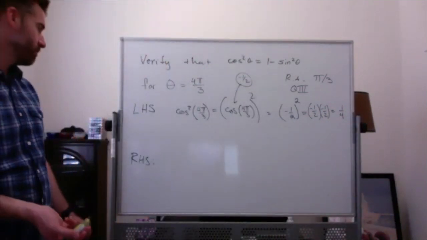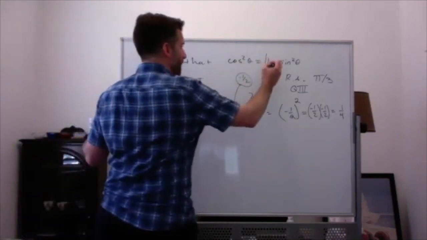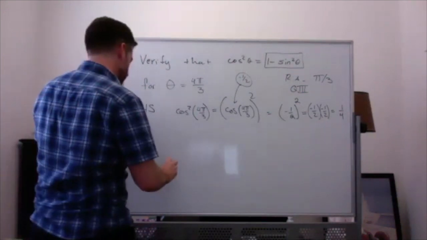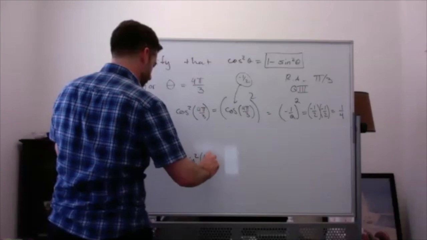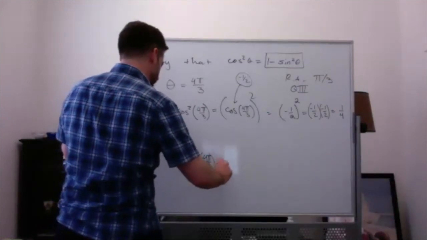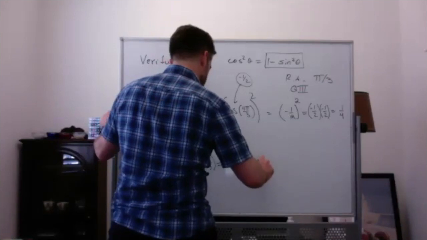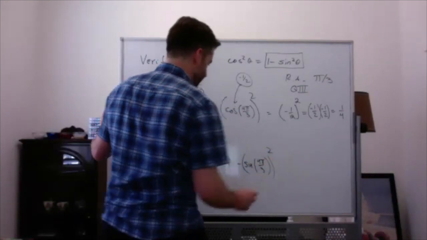So then what we have to do is check that the other side, the right-hand side, ends up being the same. So we're going to do 1 minus sine squared of 4 pi over 3. Or if we prefer, 1 minus sine of 4 pi over 3 all squared.